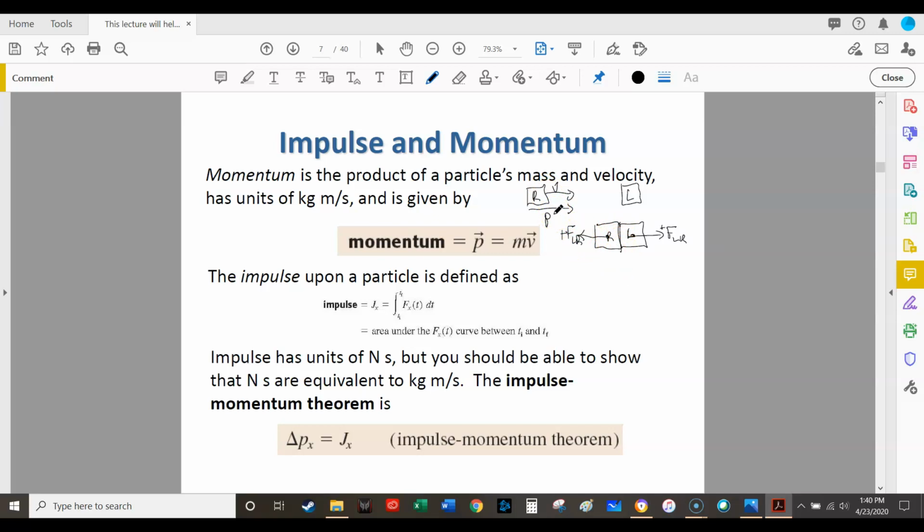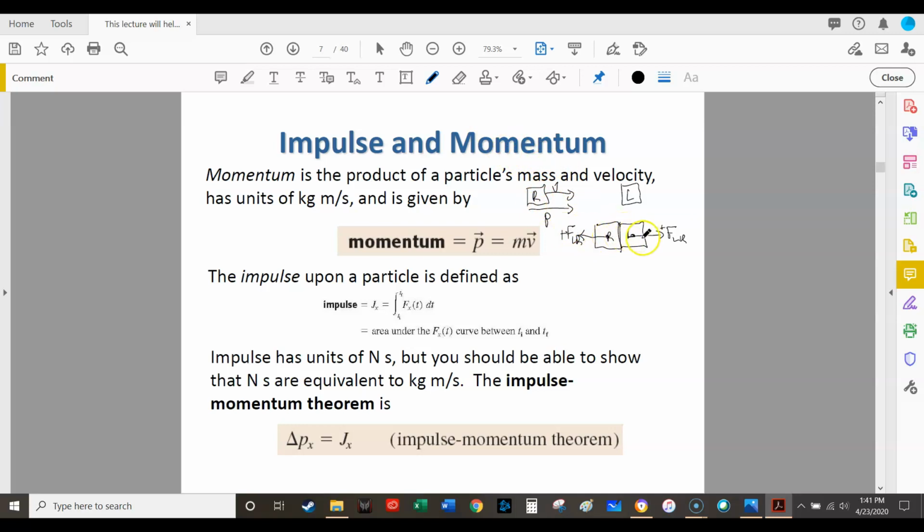When you study impulse, you could study the impulse of an entire system, or of an object. And by impulse I mean a force times a period of time. So as block R is touching block L, and I labeled those backwards, sorry about that.